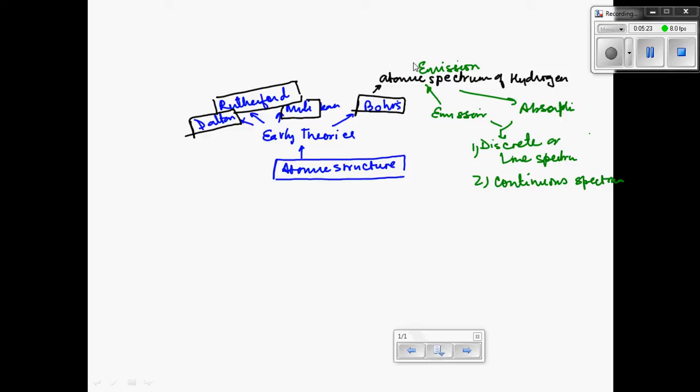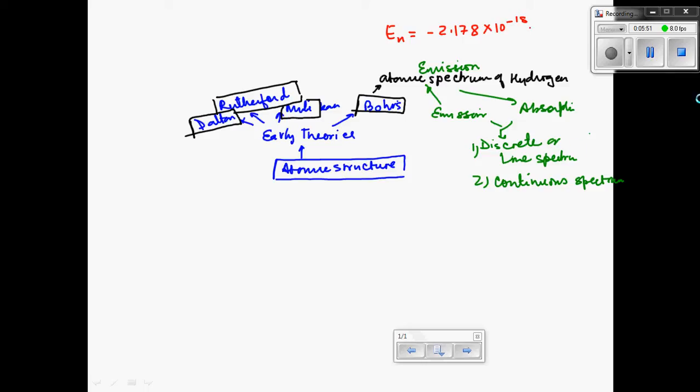Bohr's model calculated the energy of an electron in any orbital as E equals negative 2.178 times 10 to the negative 18 joules, the Rydberg constant, over n squared.